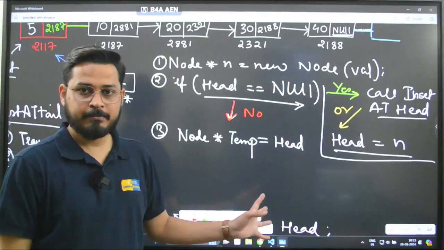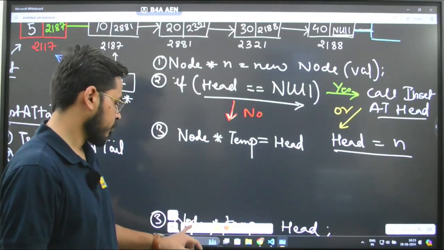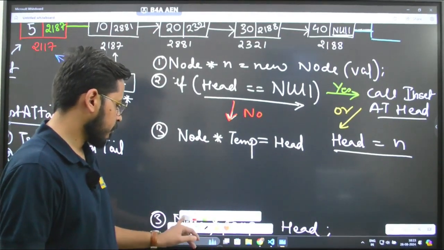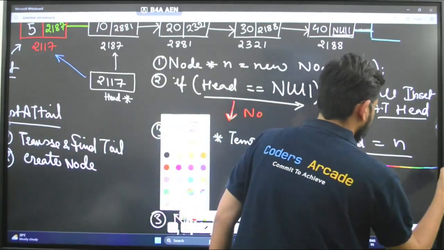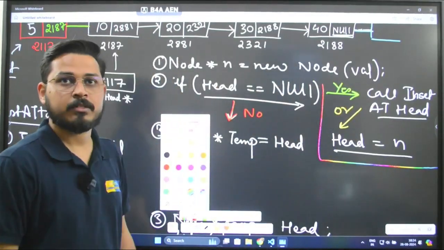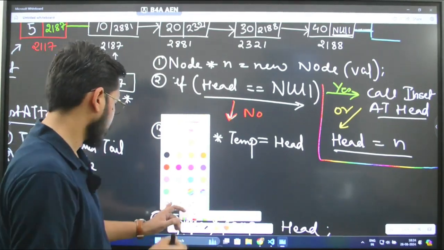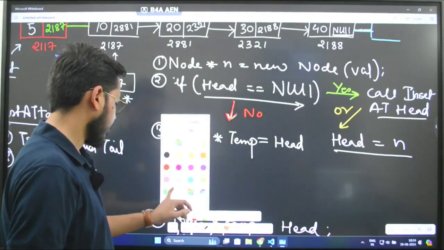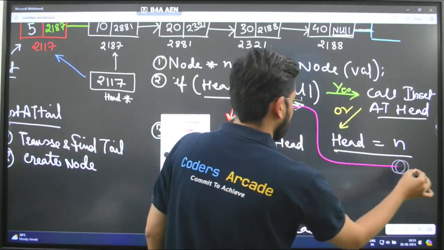Are you getting my point? Understood this? I will take up a different color for this. Okay, I took a different color for this. Okay, that is a different thing. Hey, guys, 1 minute. Let's take this one. Okay.